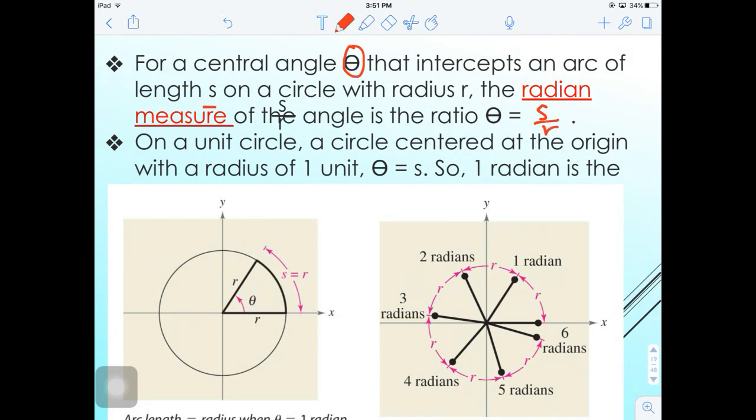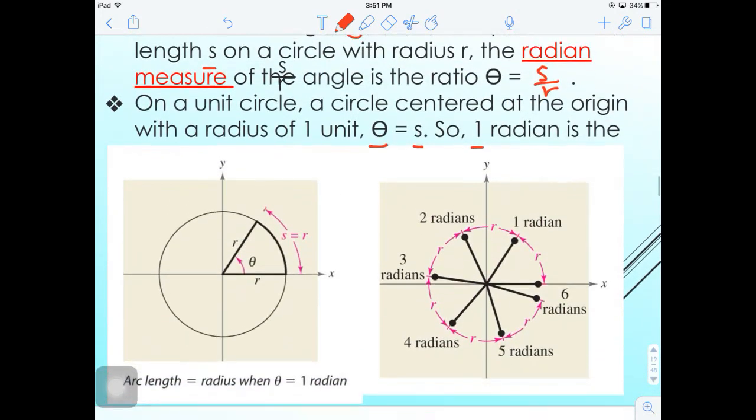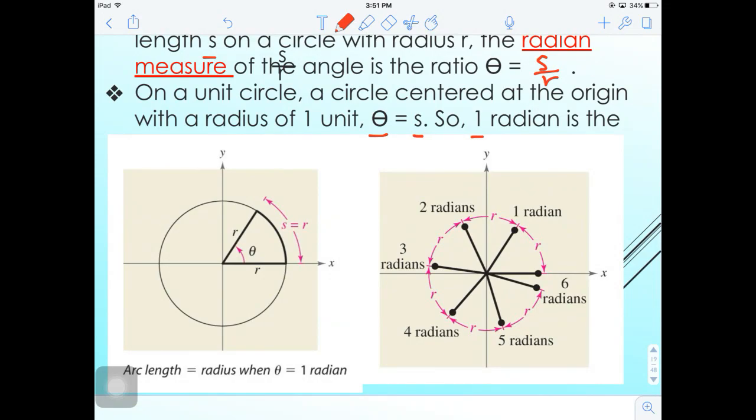On a unit circle, a circle centered at the origin with a radius of 1 unit, theta is actually equal to s. So 1 radian is the angle that intercepts an arc of length 1 on a unit circle.